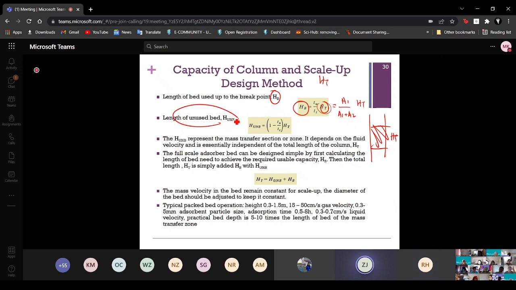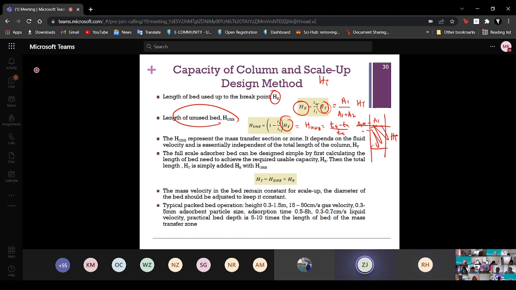And unused bed HU and B is basically 1 minus TU divided by TT, area A1 divided by A1 plus A2 times dengan HT, ataupun this is also equivalent to the HU and B is equivalent to TT minus TU lah, alright, divided by TT, ataupun area A1 plus A2 minus A1 divided by A1 plus A2 times dengan total height.